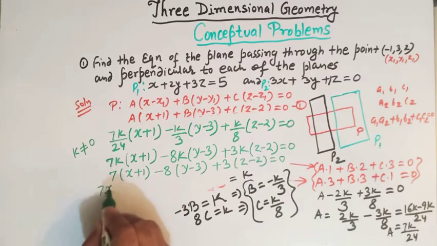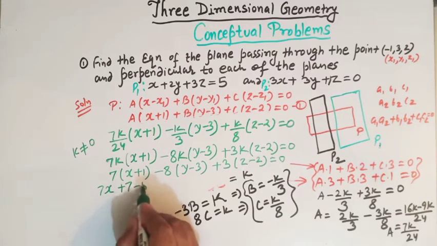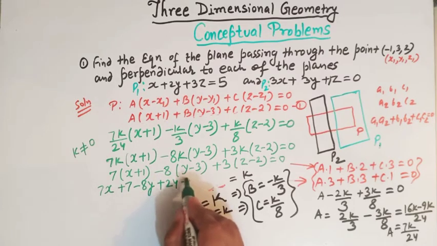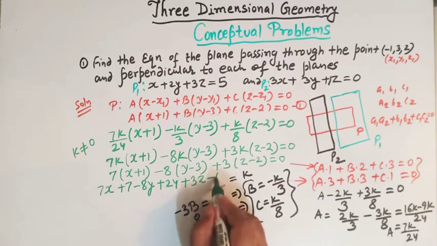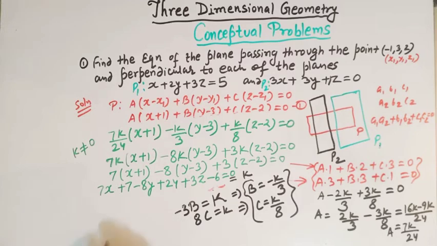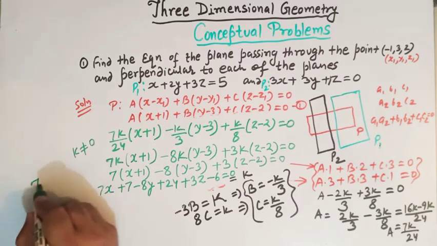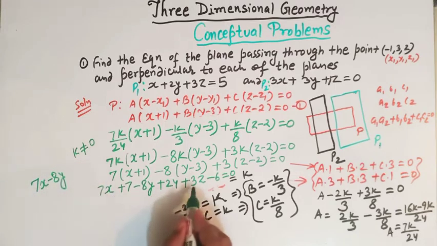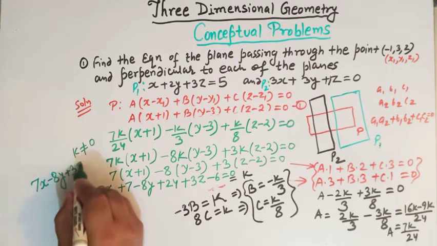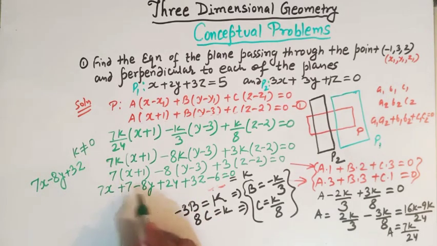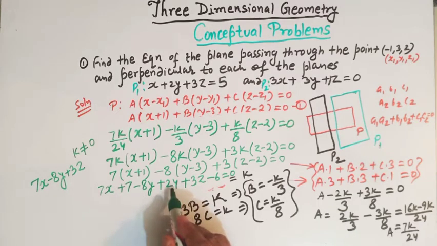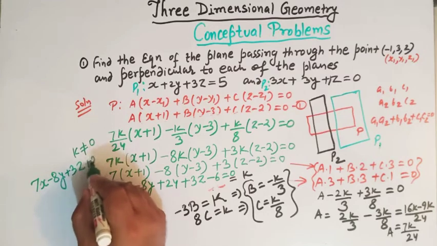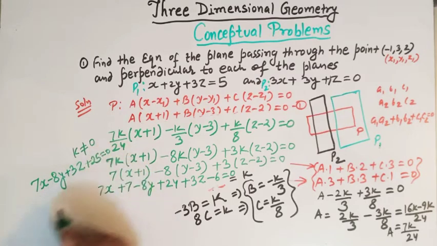Now this is 7x plus 7 minus 8y plus 24 plus 3z minus 6 equal to 0, and we have 7x minus 8y plus 3z, and 7 plus 24 is 31, 31 minus 6 is 25, so plus 25 is equal to 0.